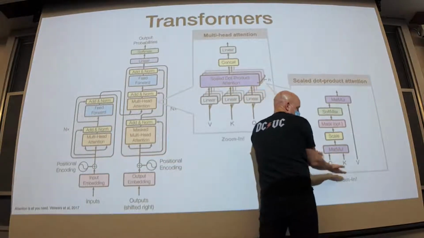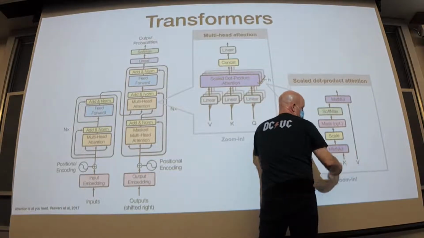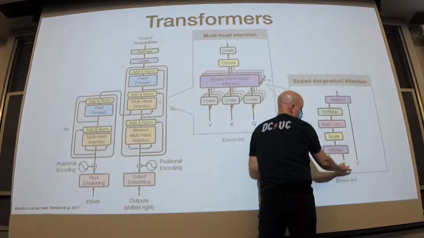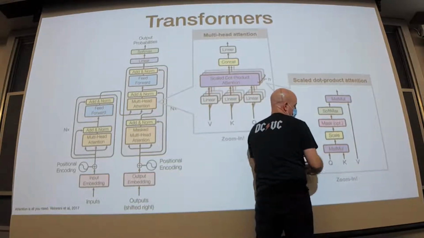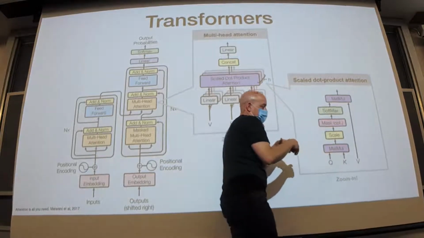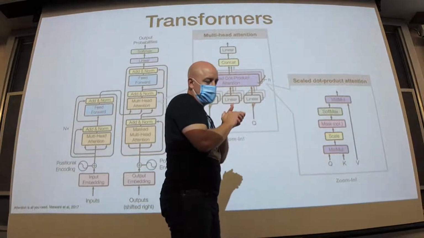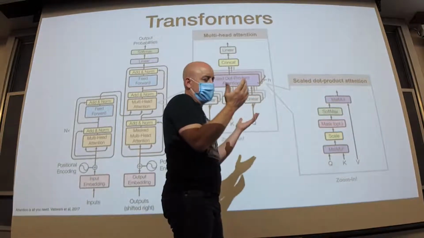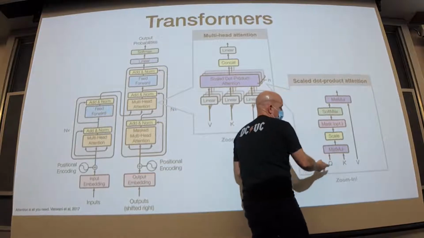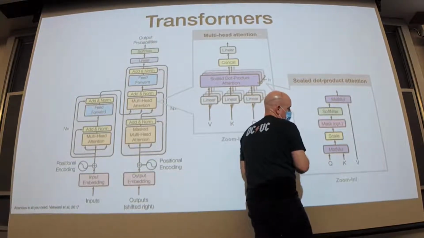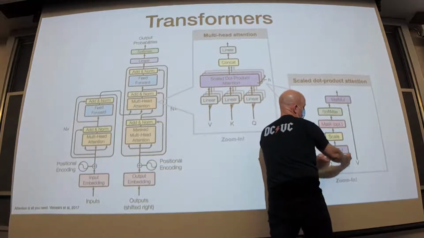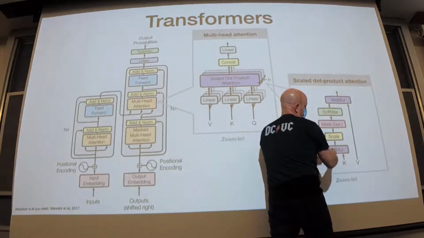We haven't said how this happens, but you get three matrices: one containing values, one containing keys, one containing queries. You do comparisons between the keys and the queries. The reason for the language is to compare it to document retrieval, where you have keys for stored documents, and queries that go in and try to retrieve things similar to those keys. So you get these comparisons, these dot products.